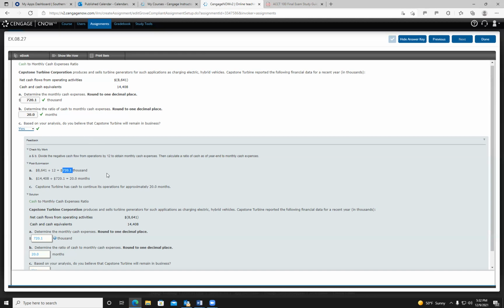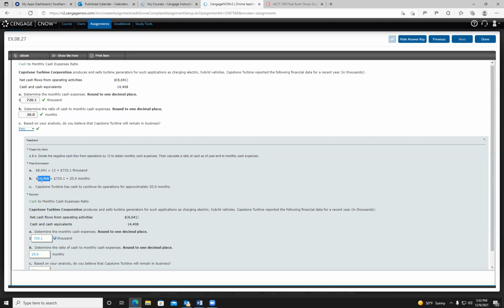Next, it says determine the ratio of cash to monthly cash expenses. So you take your total cash and cash equivalents at the end of the year and divide it by that monthly cash expense.